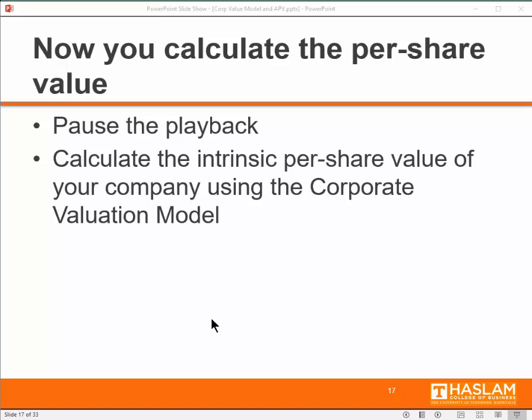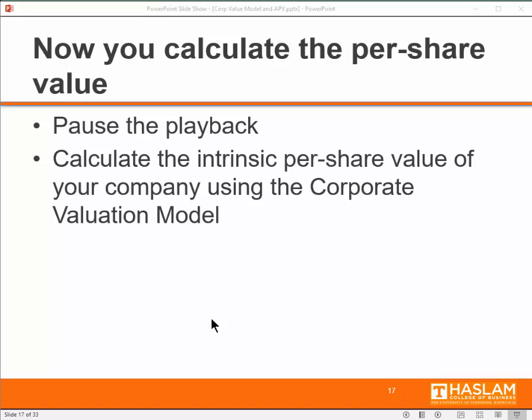All right, welcome back. I hope you were successful calculating the intrinsic value per share of your company using the corporate valuation model. And you'll notice if you looked at the debt for your company, that company was also set up to have a major restructuring in the first year of projections.